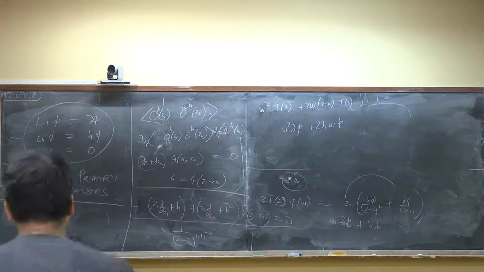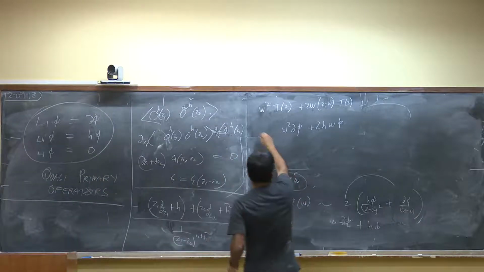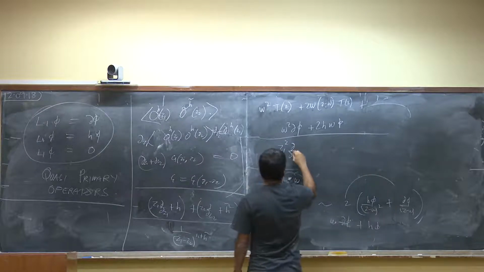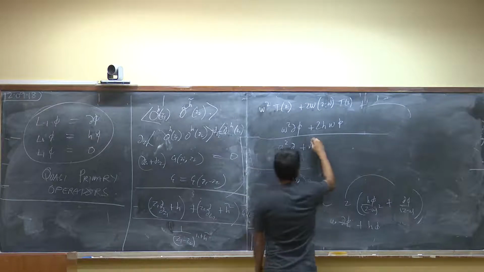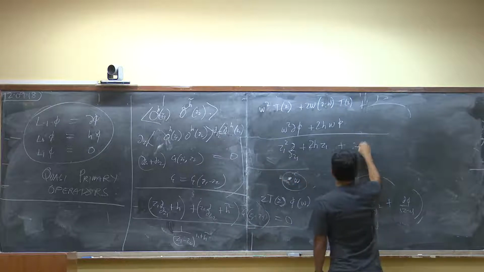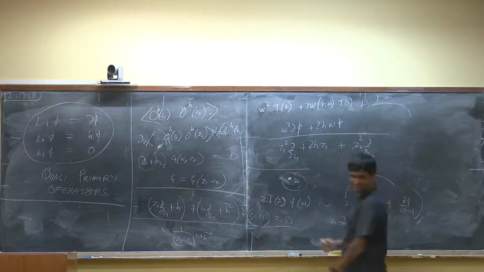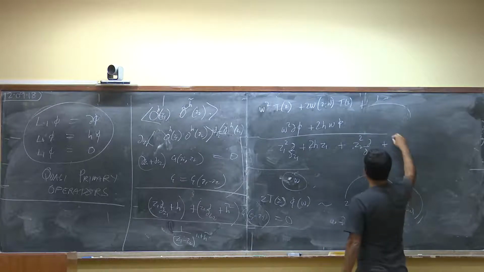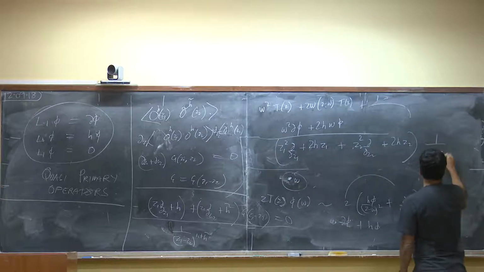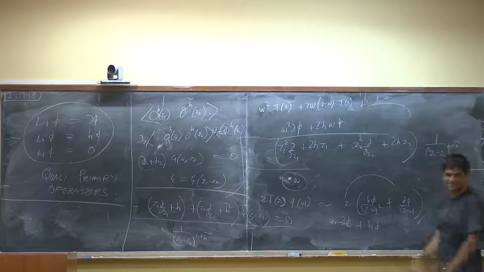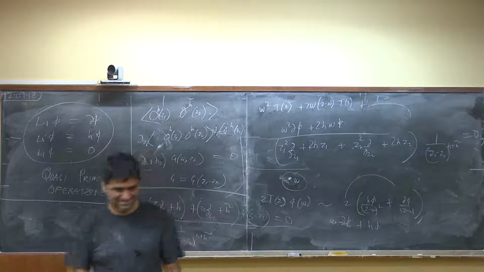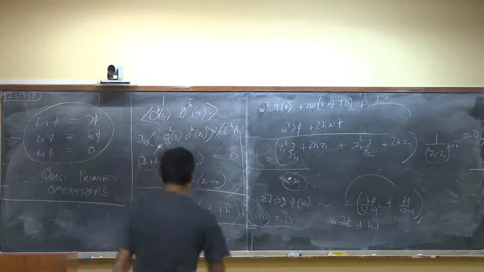Okay? So now what we have is a differential equation. We have Z1 squared del by del Z1 plus 2H Z1 plus Z2 squared del by del Z2 plus 2H Z2 acting on 1 by (Z1 minus Z2) to the power H plus H tilde is equal to 0.